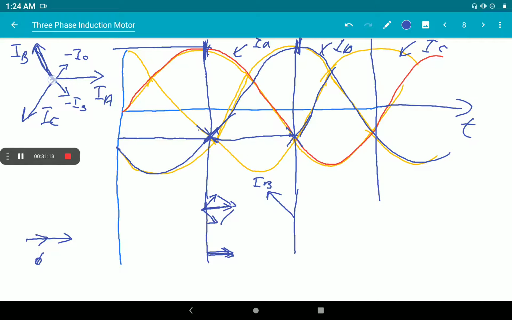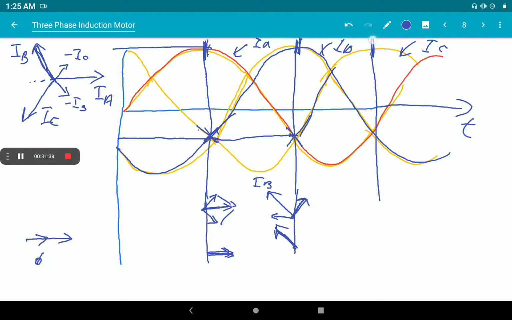IA negative means we should consider it in this direction; minus IA will be in this direction, with only half the magnitude. Similarly, for minus IC, it will be in this direction. So the total resultant will be in this direction. So the magnetic field direction will be in this direction.